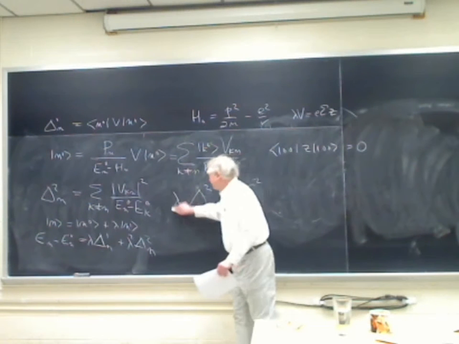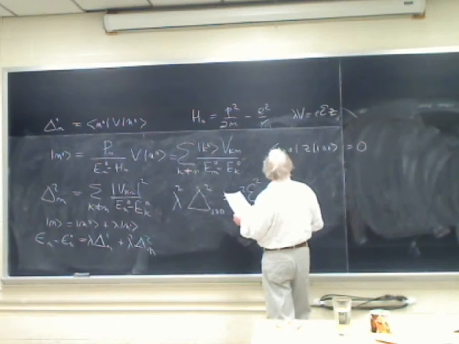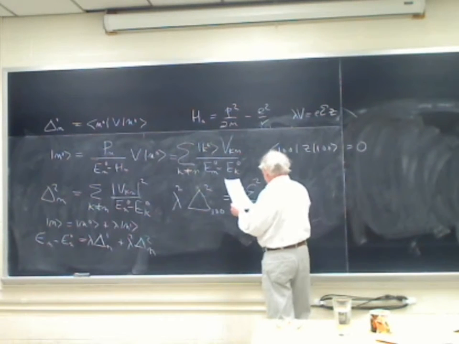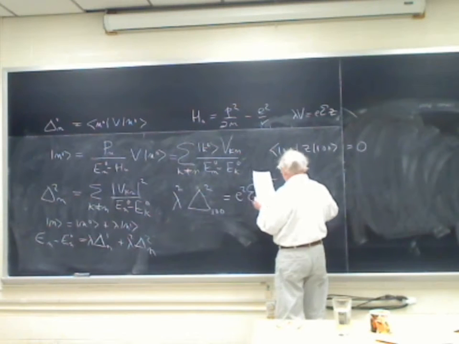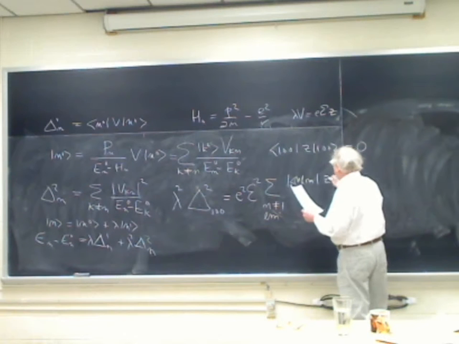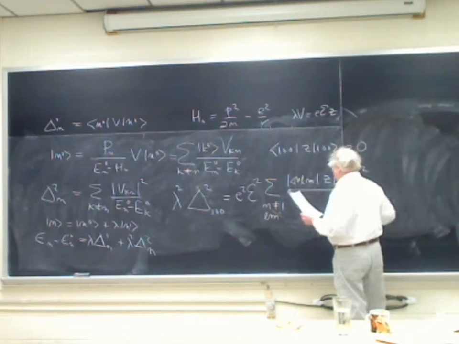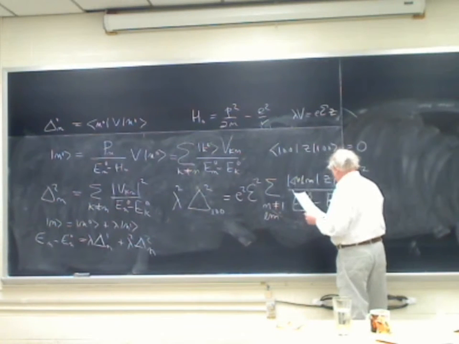This is actually lambda squared delta 2. It is e squared times the sum over n not equal to 1, all l and m, of |<nlm|Z|100>| squared divided by E10 minus En0.